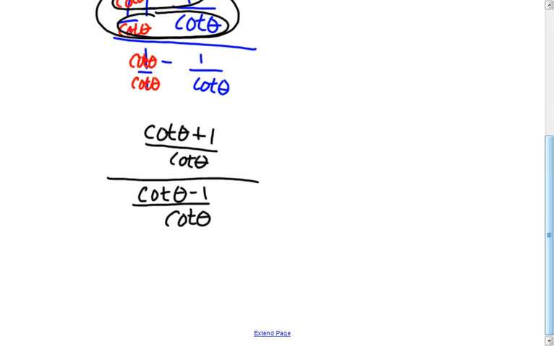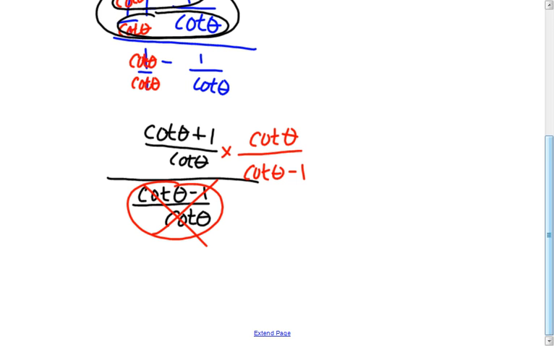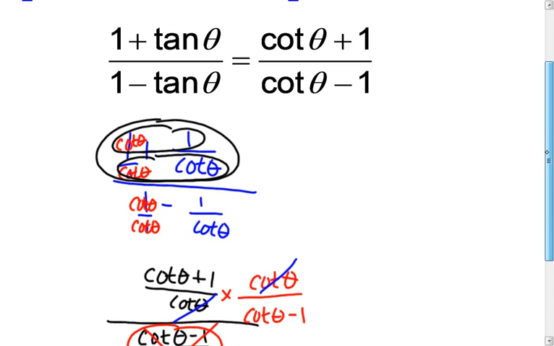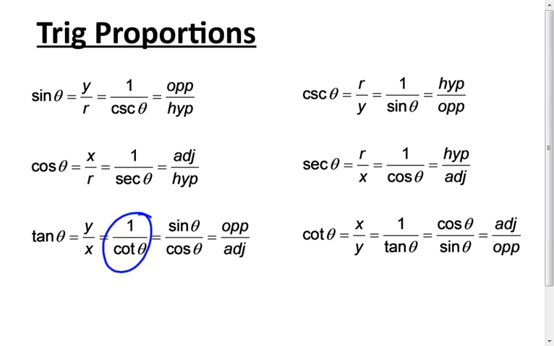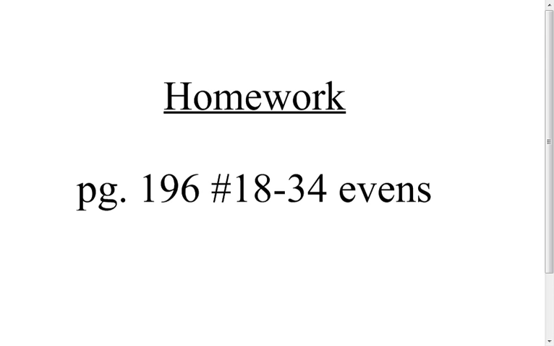So instead of dividing by this fraction right here, I'm going to multiply by the reciprocal. Okay, my cotangents cancel, and I have cotangent plus 1 over cotangent minus 1, which is exactly where I needed to be. I've now turned the left side into the right. All right, and this will be your homework when I see you next time.